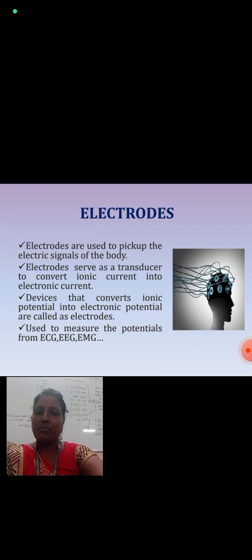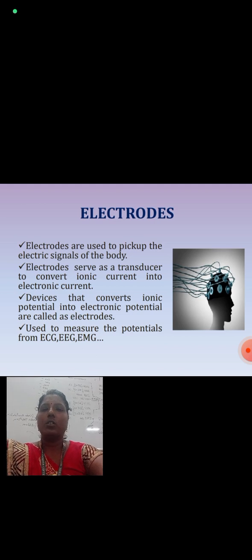Now, before entering into this course video, let me introduce what electrodes are. Normally, electrodes are used to pick up the electrical signals of the body. Our body generates certain small ionic potentials, and these potentials can be picked up using a device which we call an electrode. Electrodes serve as transducers to convert ionic current into electronic current.